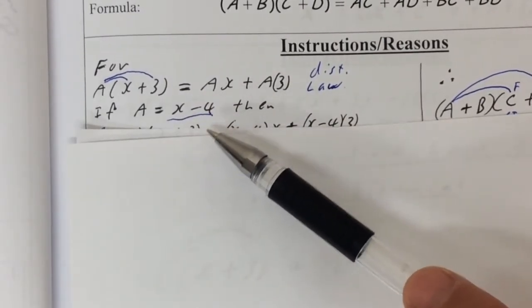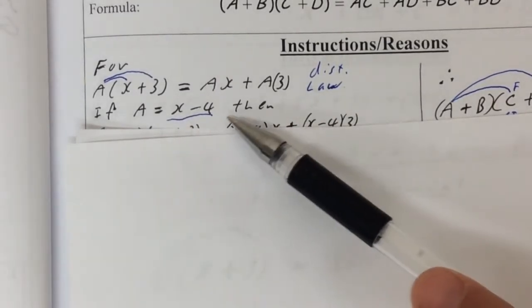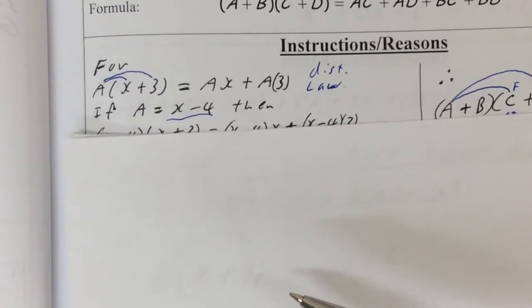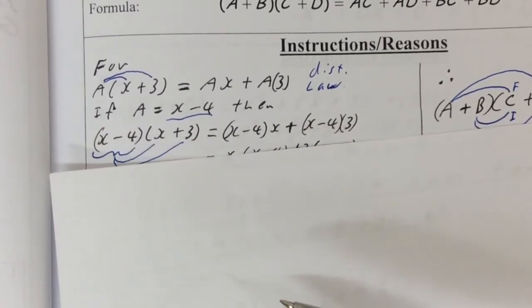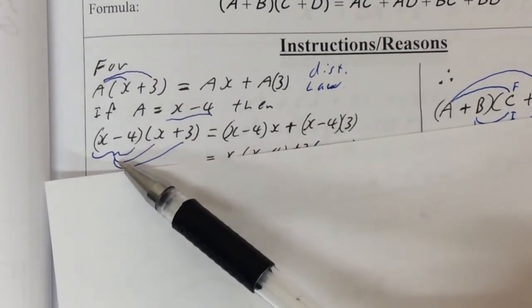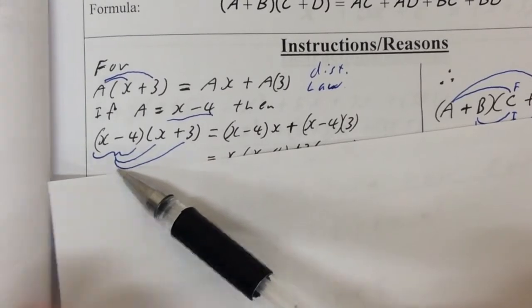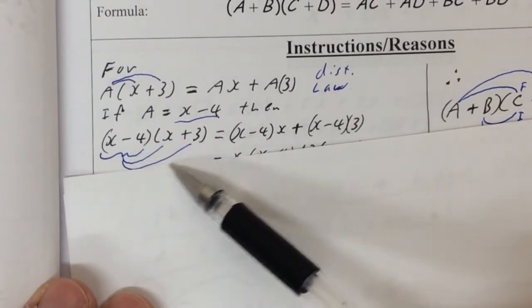That binomial just represents a number. So if a equals x minus 4, then when we multiply that out, it's the same idea. We take the x minus 4, treat it as a single number, multiply it by the x, and then the x minus 4 times the 3.